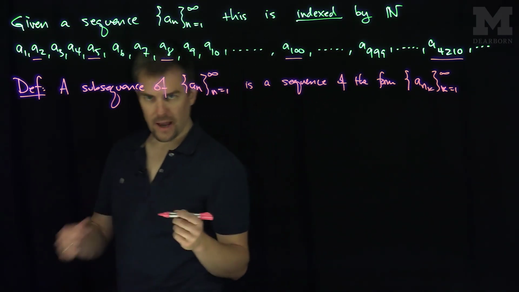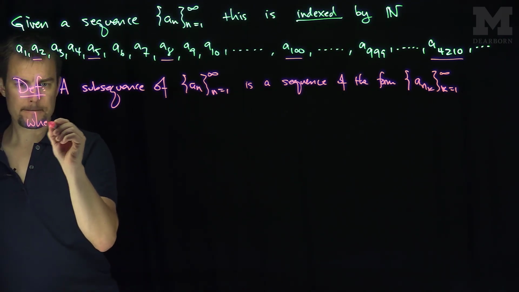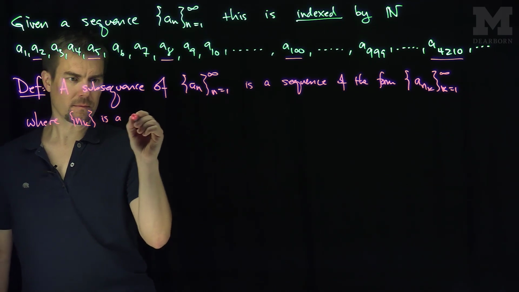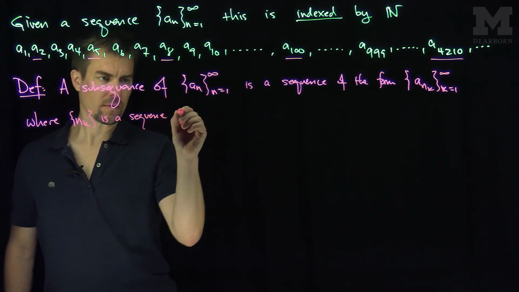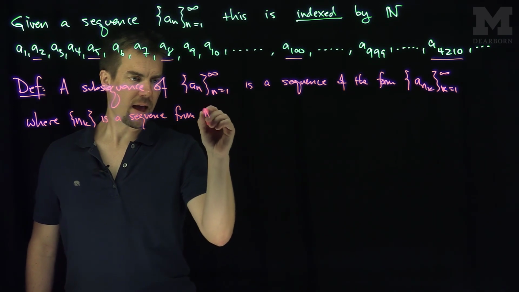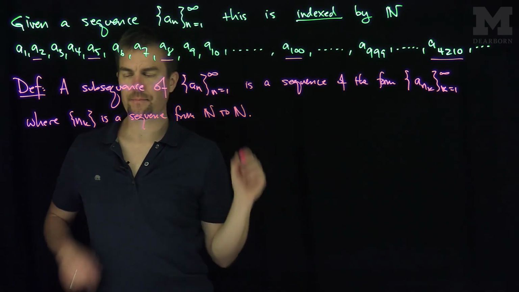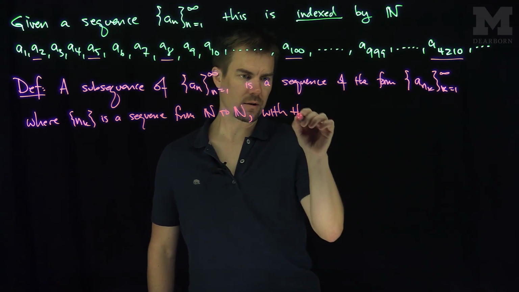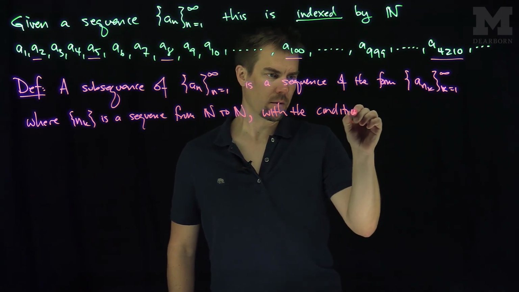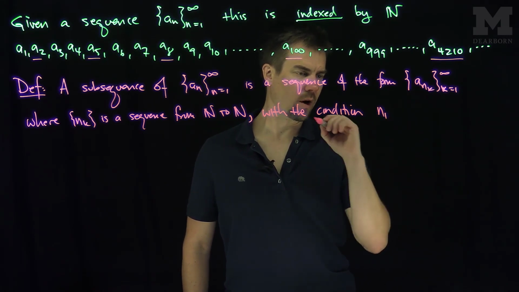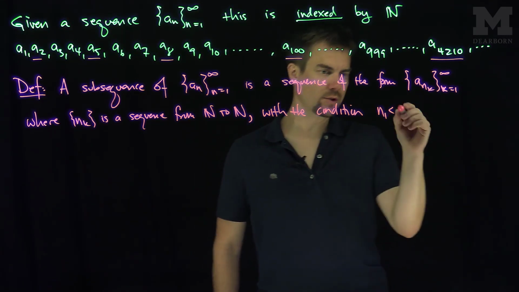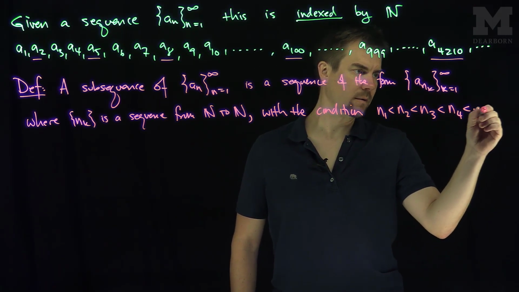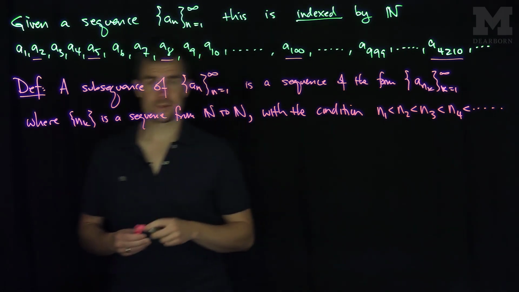And what do these n_k look like? n_k is itself a sequence from N to N, with the extra condition that n_1 is less than n_2, is less than n_3, is less than n_4, etc. So let me give you a couple examples of these things.